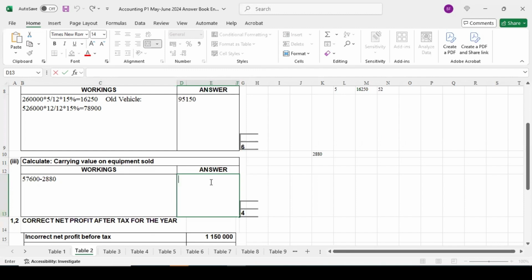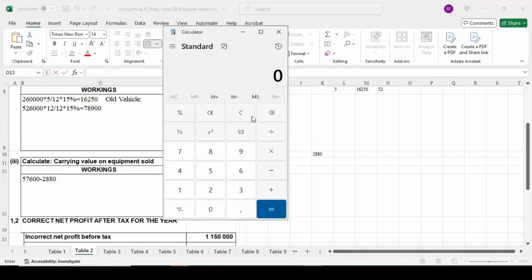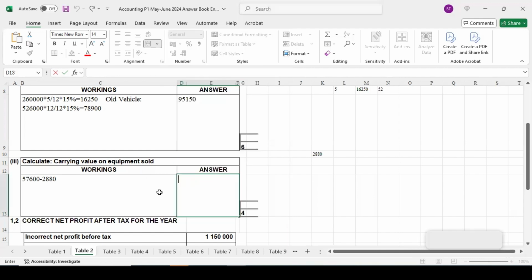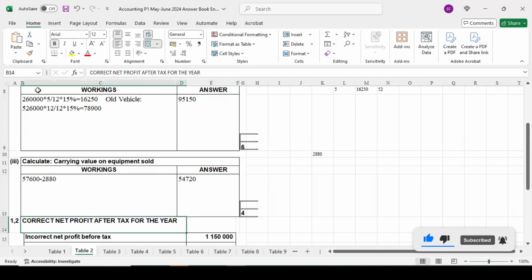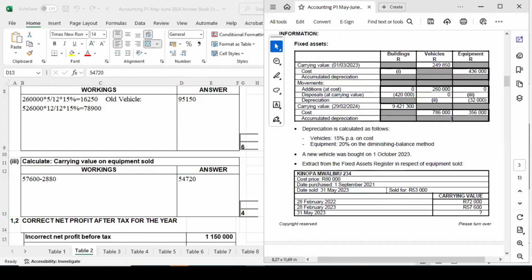Let's use our calculator. 57,600 minus 2,880. So the amount that we get is 54,720. So this is our carrying value on equipment sold. This is the answer that we got for this disposal at carrying value. This is how you do it.